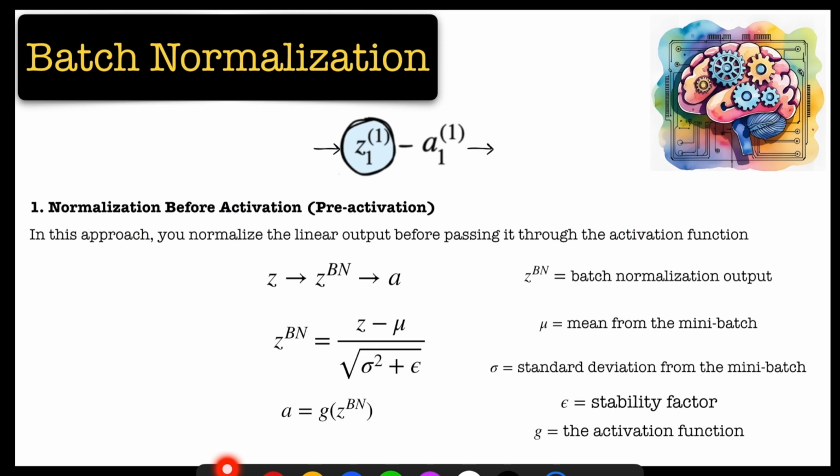Ideally we can do both. Normalization before activation is the pre-activation approach. Let's say this is Z and this is A. In this approach, you normalize the linear output before passing it through the activation function.